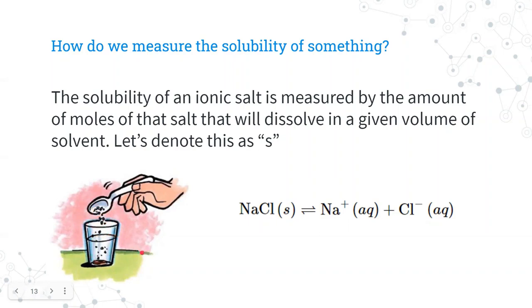In fact, what begins to happen is you have a precipitate building up. Now, the solubility of sodium chloride is the maximum amount of sodium chloride that actually dissolves in the water. So we're not taking the precipitate, we're just taking the amount of sodium chloride that actually dissolves to give us Na plus and Cl minus ions.